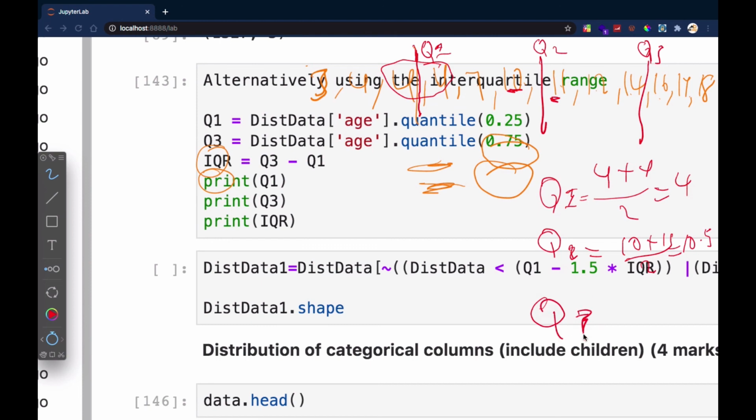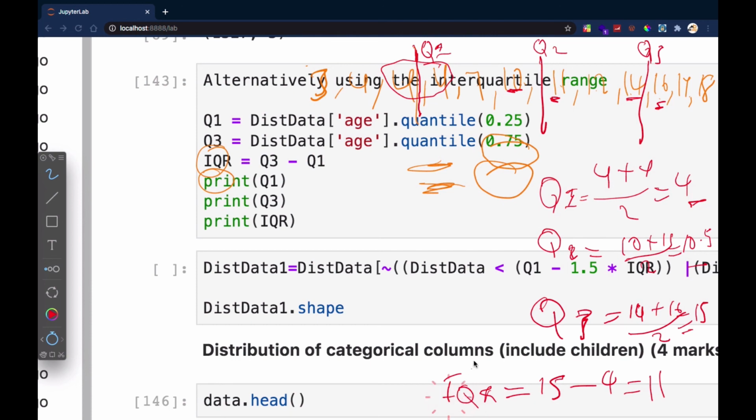My Q3 is 14 plus 16 divided by 2, which gives 15. The interquartile range, IQR, is Q3, which is 15, minus Q1, which is 4, giving me 11. So this is my interquartile range using manual calculation.